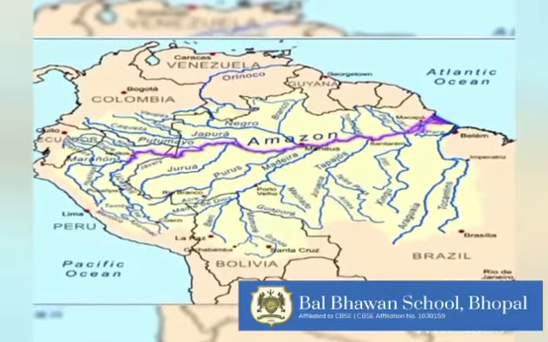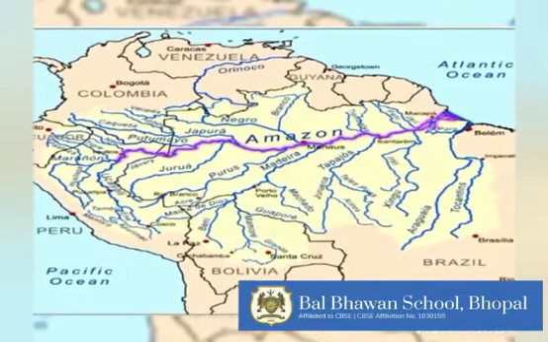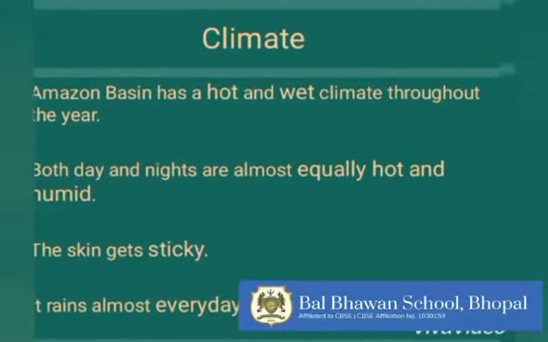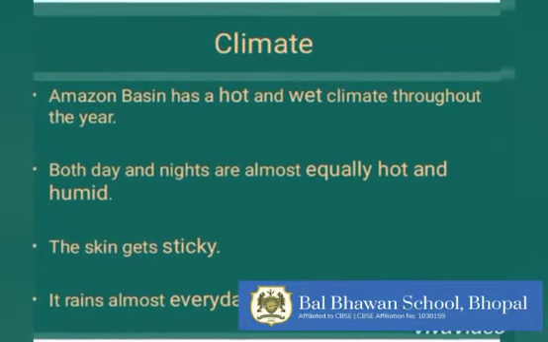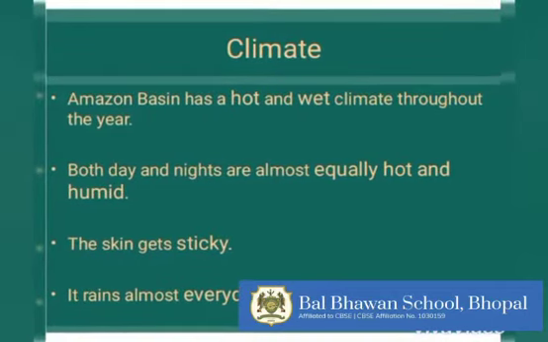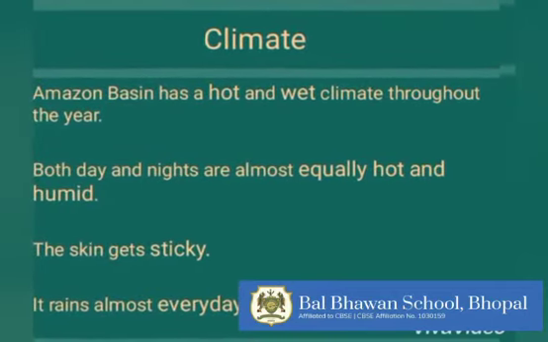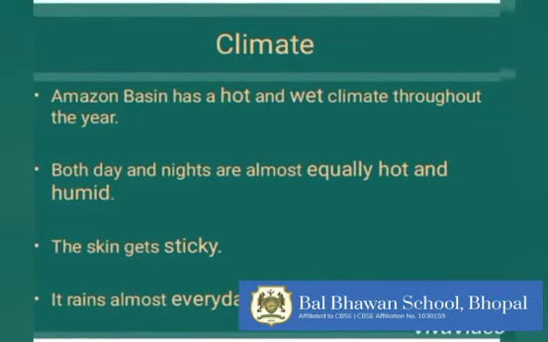Climate in the Amazon Basin. It is hot and wet. The Amazon Basin experiences an equatorial type of climate which is characterized by high temperatures and humidity. The Amazon Basin falls directly on the equator and therefore it experiences direct sunlight throughout the year.